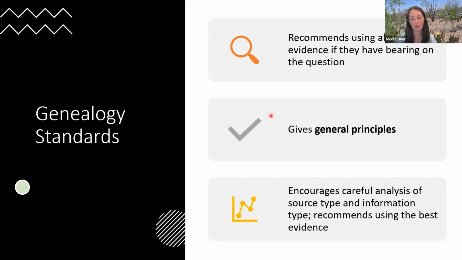It just talks about different types of analysis. So it encourages careful analyses of source type and information type, and it recommends using the best evidence, whether it's direct, indirect, or negative. And so Genealogy Standards is a little bit more broad and inclusive.